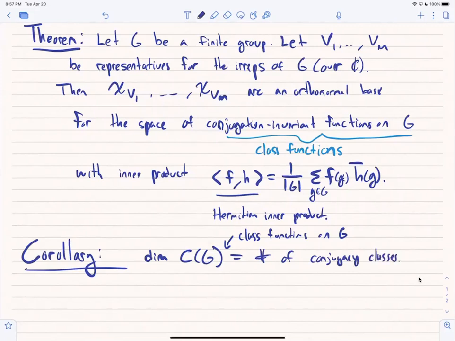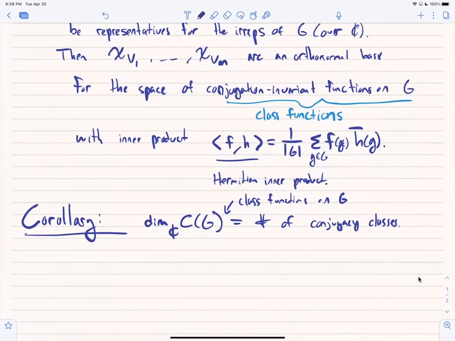You can take the indicator function for each conjugacy class as a basis. So this is the corollary and the proof in one sentence: the dimension of the space of class functions is the number of conjugacy classes, so the number of irreps of G, up to isomorphism, is equal to the number of conjugacy classes.